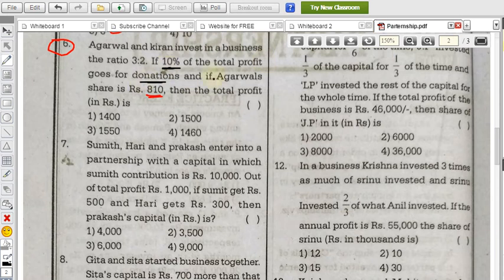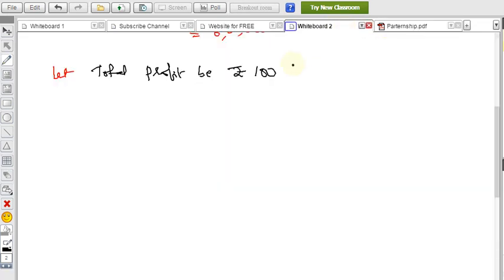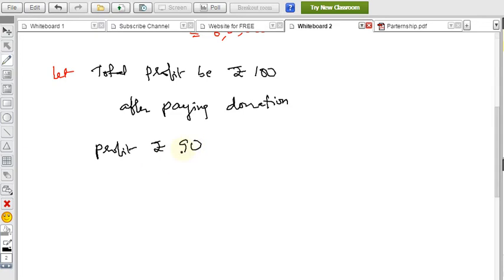So they are giving charity. That means the remaining is 90. So after paying the donation, the profit is rupees 90. We should not consider the extra 10.